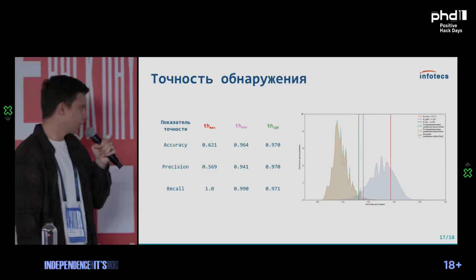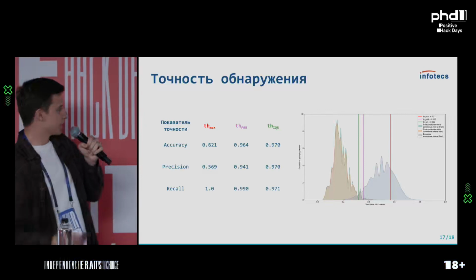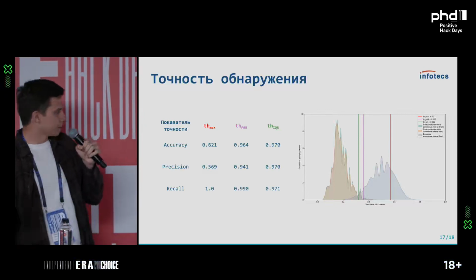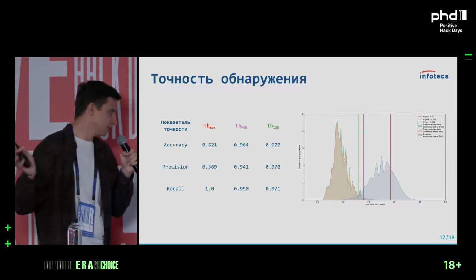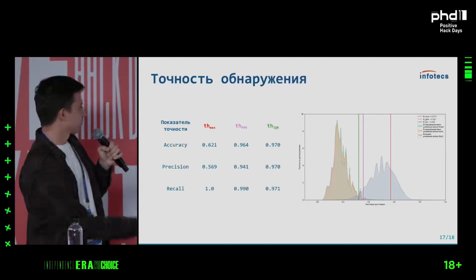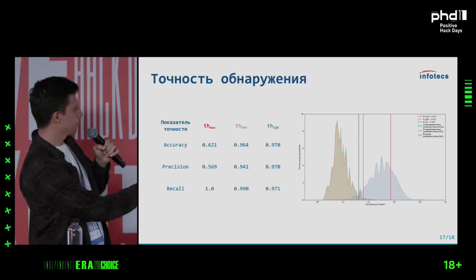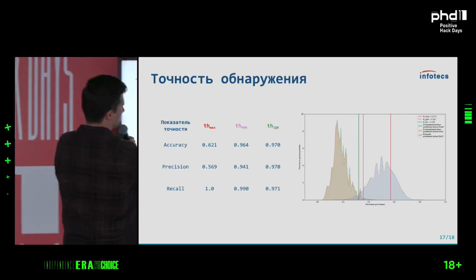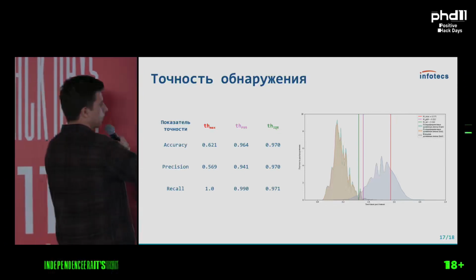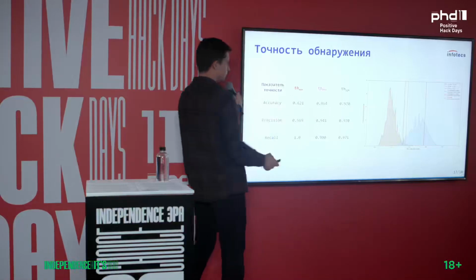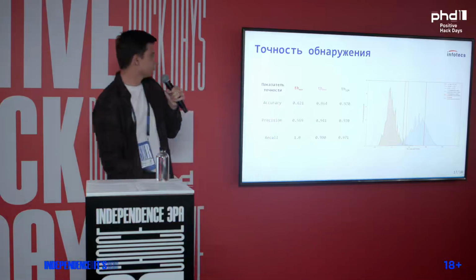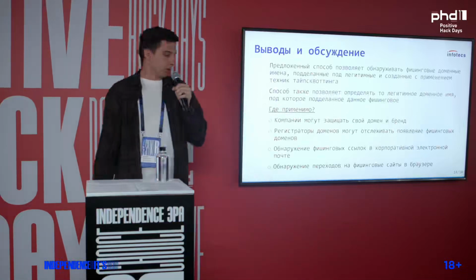So the accuracy for max is 0.6. I have a 1.0 recall, but the precision is 0.5. But if I reduce it, if I allow myself to lose 1% of them, then the precision and accuracy are much higher.